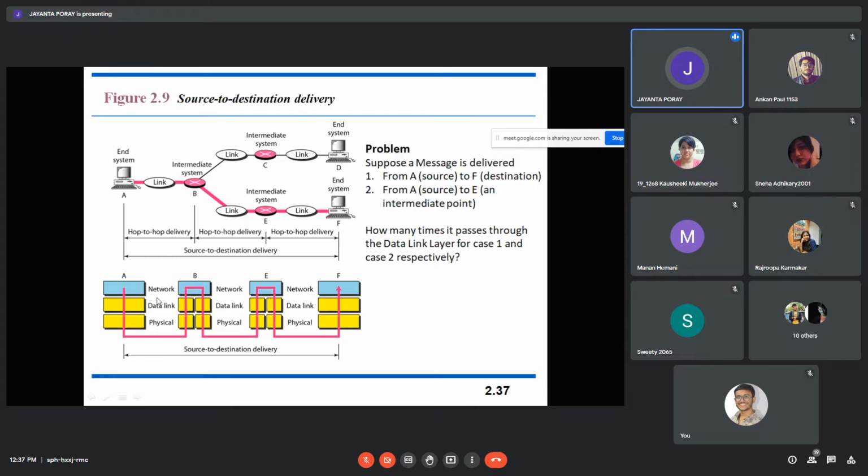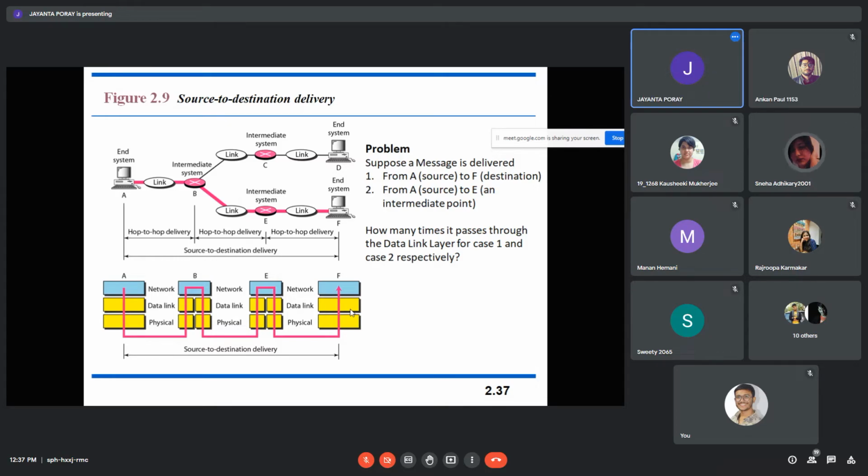So therefore, how many times does it pass from A to F? One time, two times, three times, four times, five times, then six times. Therefore, the answer for question A is six. Yes, six.